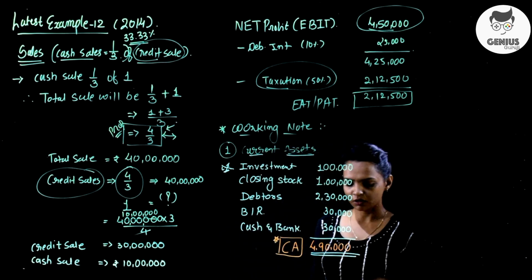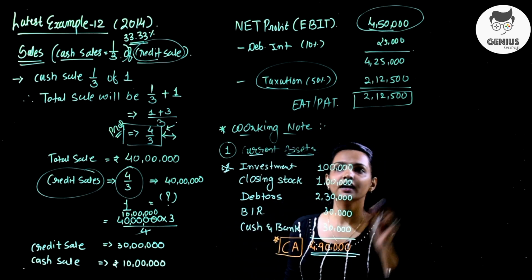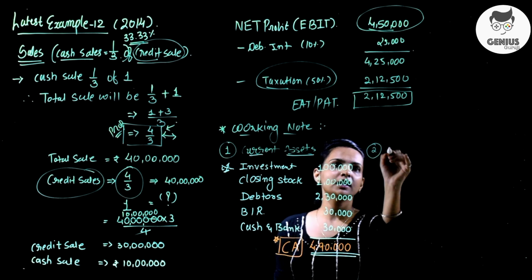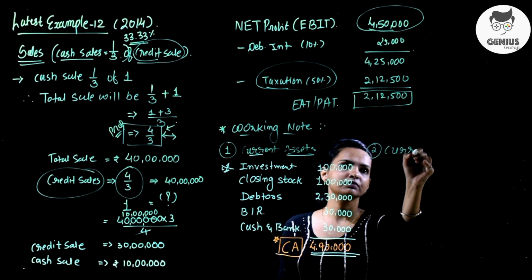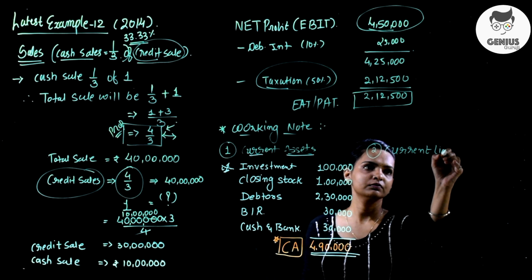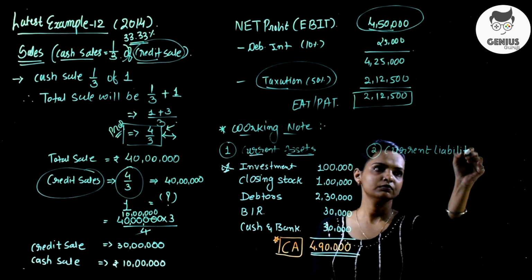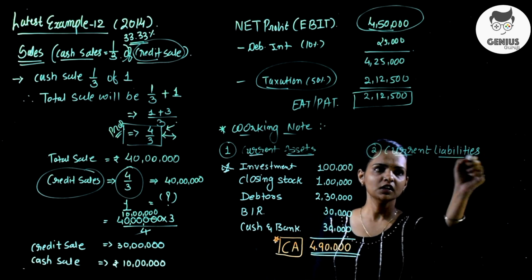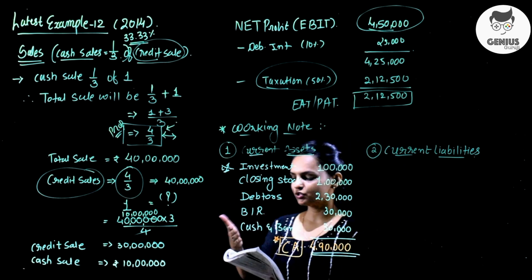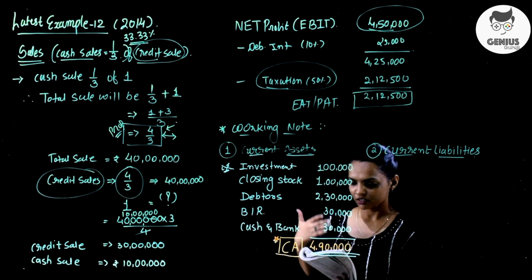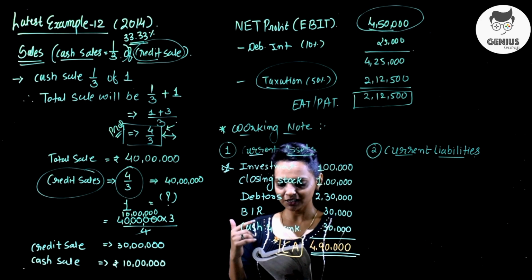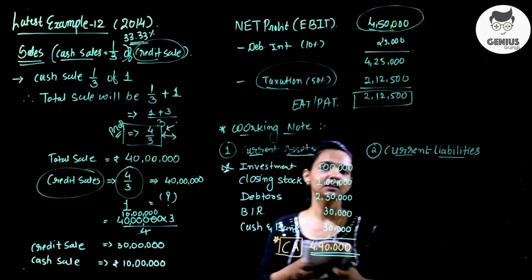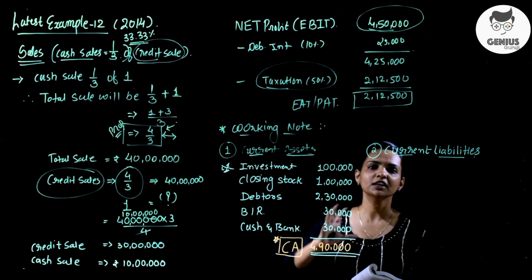Okay, now point number 2 is that we have to calculate current liability. See, on the liability side they have mentioned equity, preference, reserves, debenture, creditors, bills payable and bank overdraft, but this is the mixture of total capital.